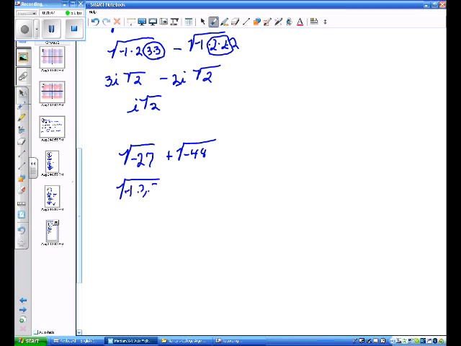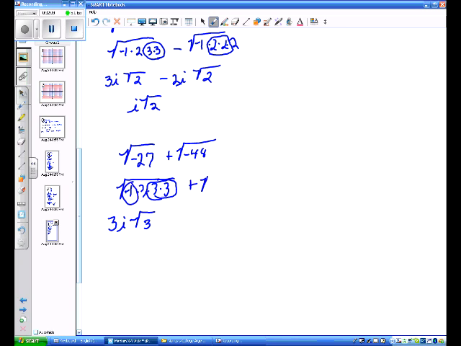This would be the same as negative 1 times 3 times 3 times 3, if we need to do the prime factoring. The square root of negative 1 is i. The square root of 3 times 3 is 3, times the square root of 3. What's left? We were able to take the square root of 3 squared and the square root of negative 1.